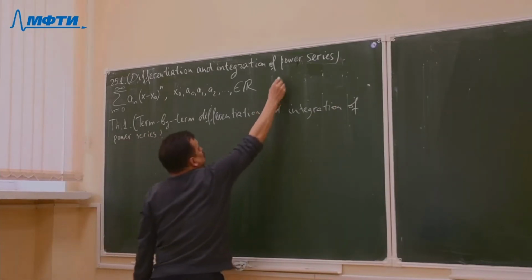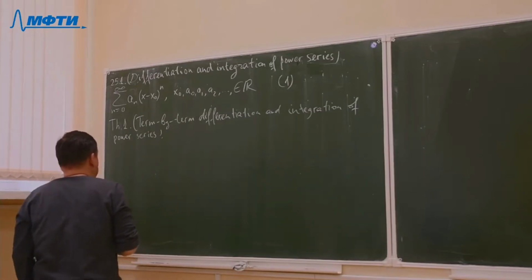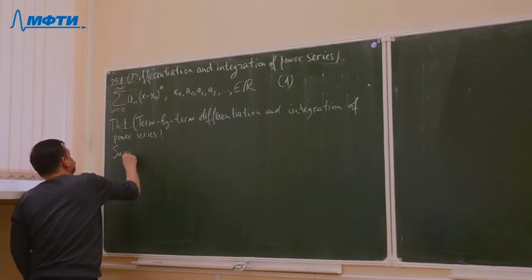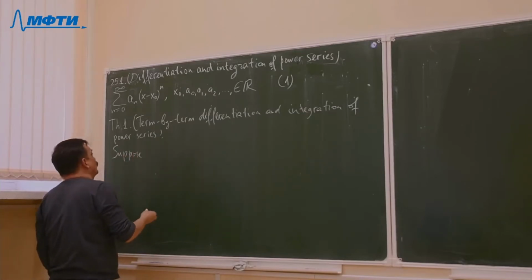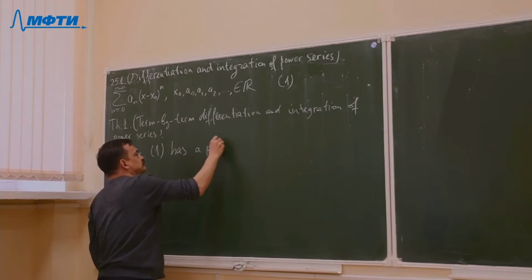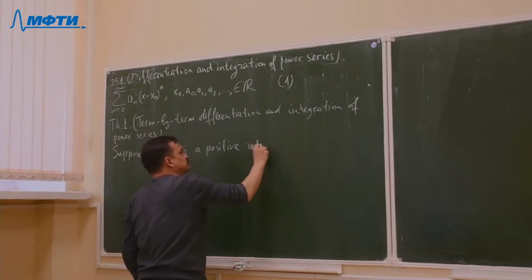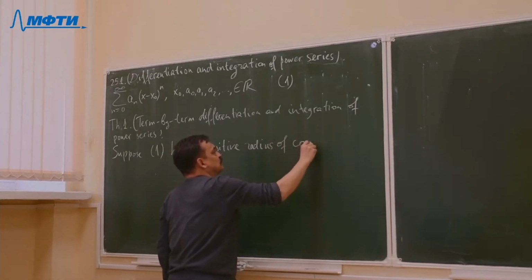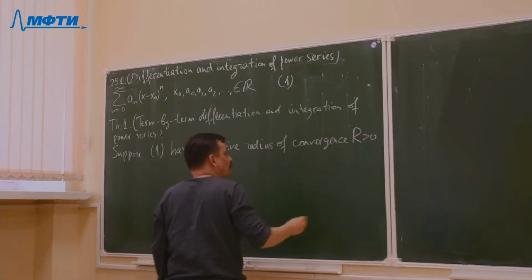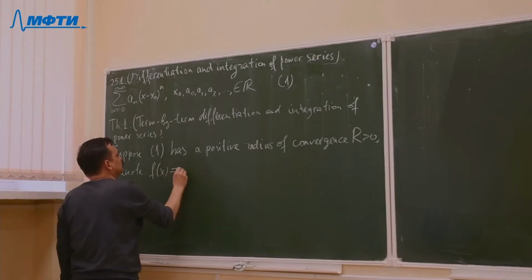So let me make a tag, and suppose one has a positive radius of convergence capital R. Denote f of x equals the sum.